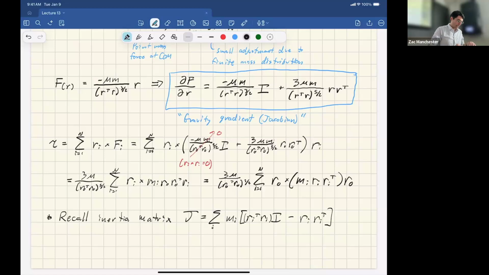If I stare at this for a sec, this term is basically this term from the inertia matrix. And if I plug the inertia matrix in there, this term, which is scalar times identity, is going to get you another R naught cross R naught. It's going to cancel out because of the cross product with itself argument again. So I can take the sum and just stick the inertia matrix in there, which is pretty slick.